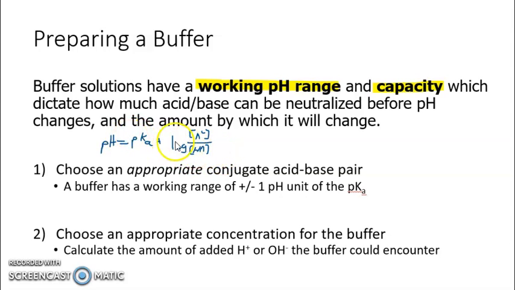At the pKa, when the pH is equal to the pKa, this term is 0.